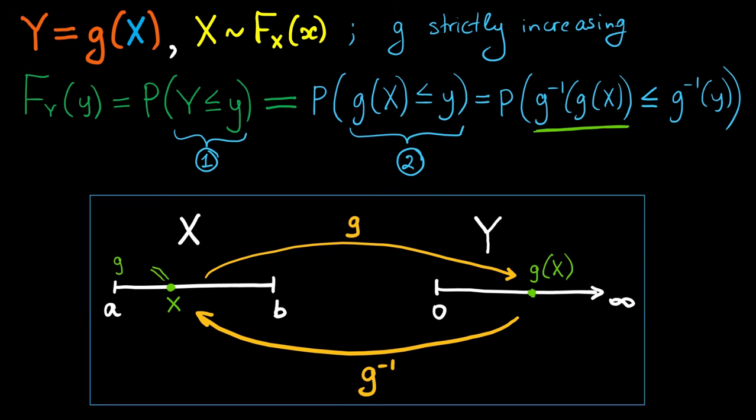So this right here is g inverse of g of x, but that's the same thing as x. So what we have on the left side is just x, and what we have on the right side is g inverse of lowercase y.